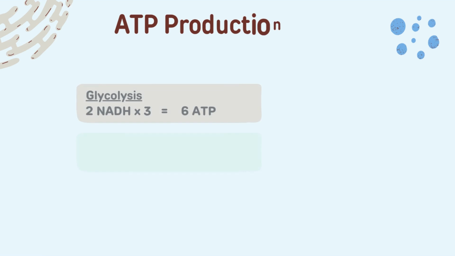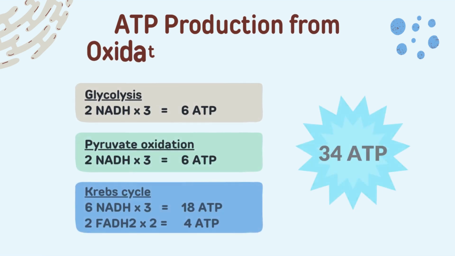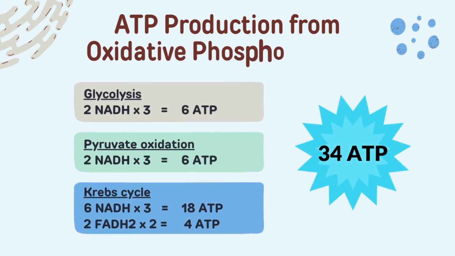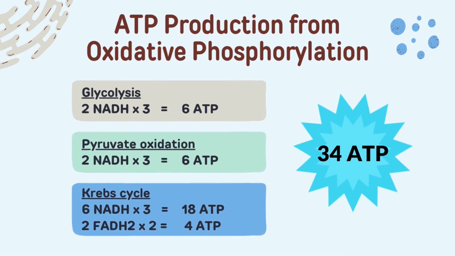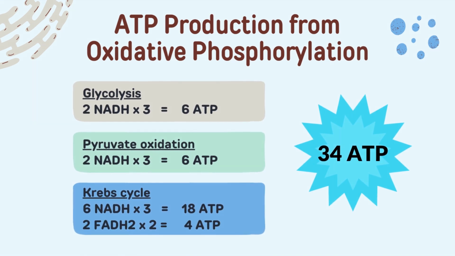Now that we have seen how oxidative phosphorylation works, let's look at how much ATP is produced from the electrons carried by NADH and FADH2. During glycolysis, two NADH molecules are produced. When these NADH pass their electrons to oxidative phosphorylation, they generate 6 ATP. From pyruvate oxidation, another two NADH molecules transfer their electrons, producing another 6 ATP.